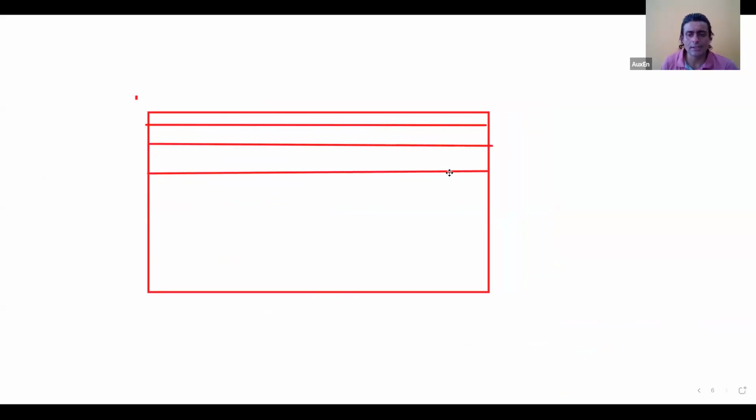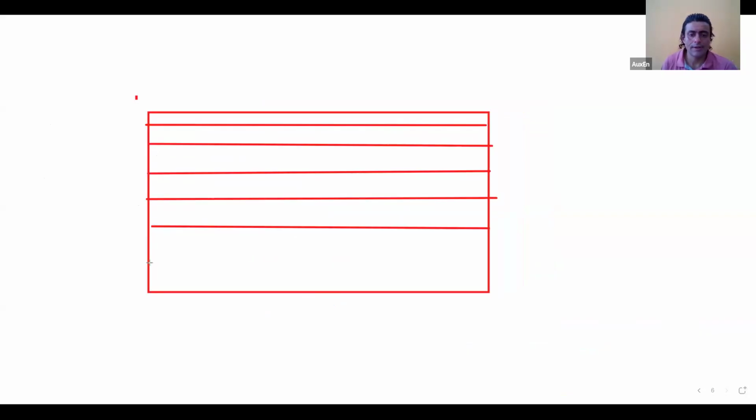What it means is, let's say this is the plan view. Please understand, this is the plan view, and you can see the rib lines. Now I draw a beam.